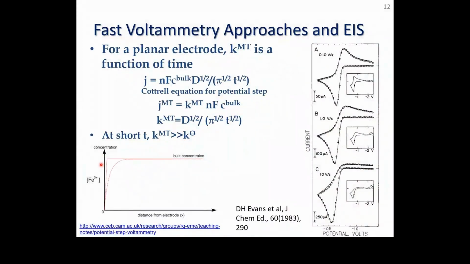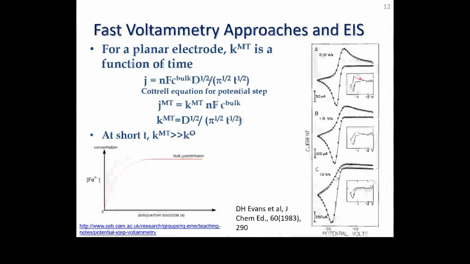So if we do our electrochemistry at very, very short time, so that we don't have time to deplete all of our reactant from the surface, we can measure that reaction under conditions in which we're not limited by mass transport to the surface.